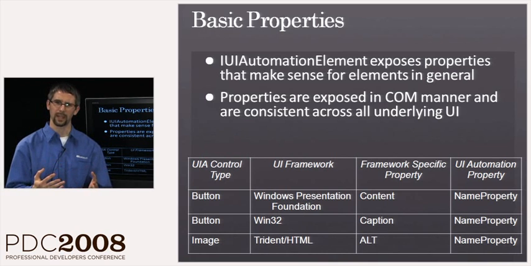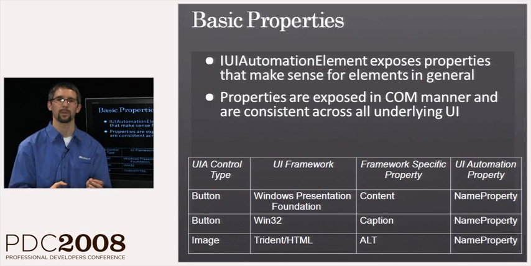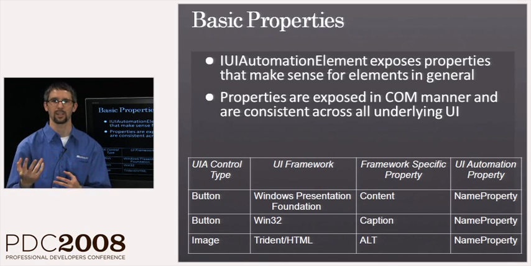And if you were a web page and you had an image, you might put an alt tag on that image to give a text-readable name for that image. 3 very different kinds of content, but in all 3 cases, that text is exposed as the Name property in UIA. So this is how we provide consistency. We encapsulate the different UI frameworks to give you a consistent UI Automation experience.